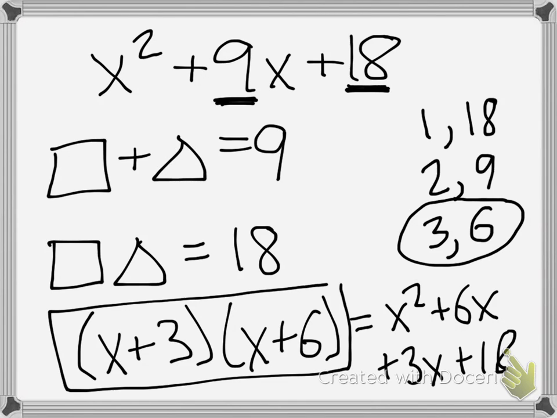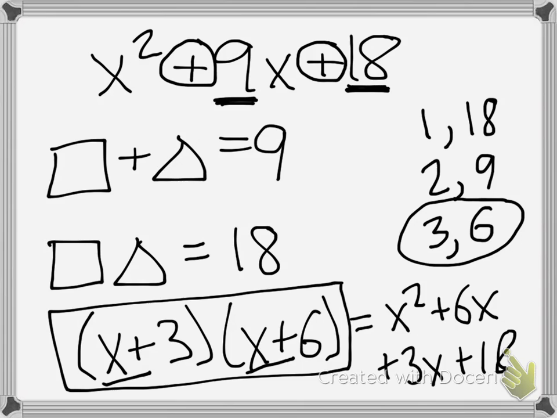I successfully factored my trinomial. But what made this easier in this case was that both of these signs were addition. The fact that both of those signs were addition meant that I immediately knew that I had x plus in both of my binomials that I was trying to factor it into.